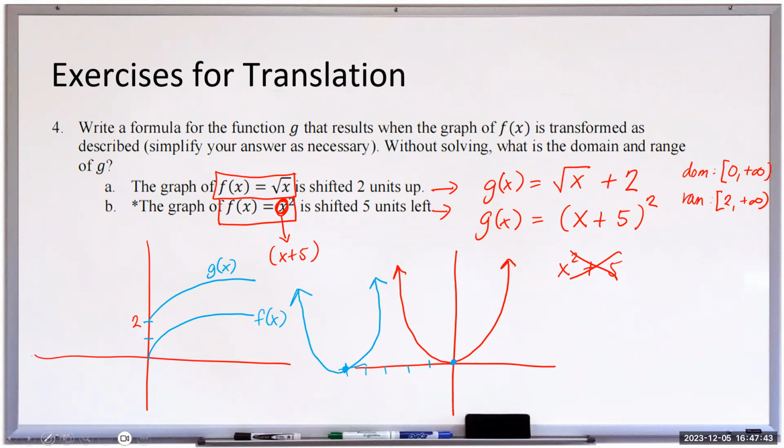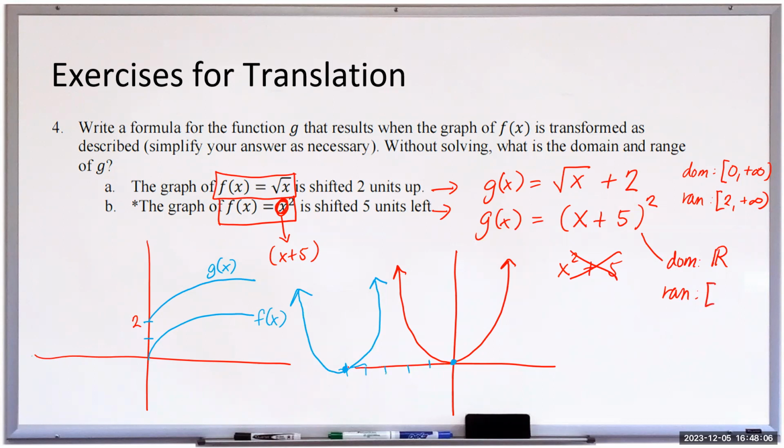Okay? So what is the domain and range of that parabola? For the domain, take note, since we are talking about a parabola, the domain is still all real numbers. And for the range, get the minimum value. Where do we get the minimum value? At our vertex. Okay?